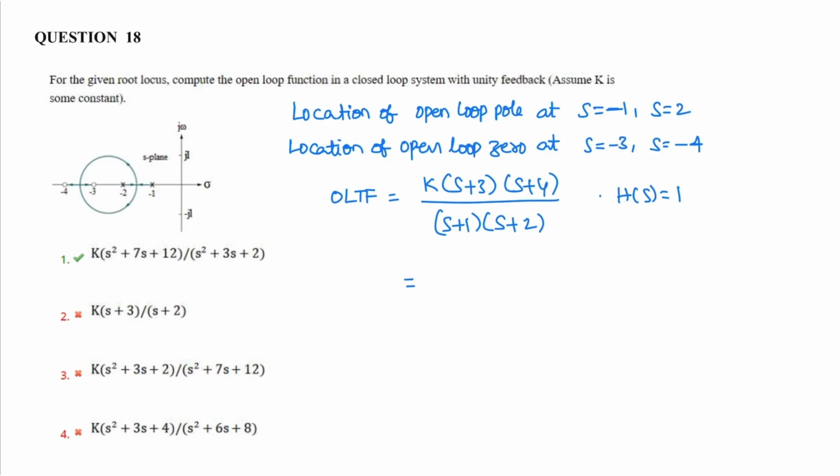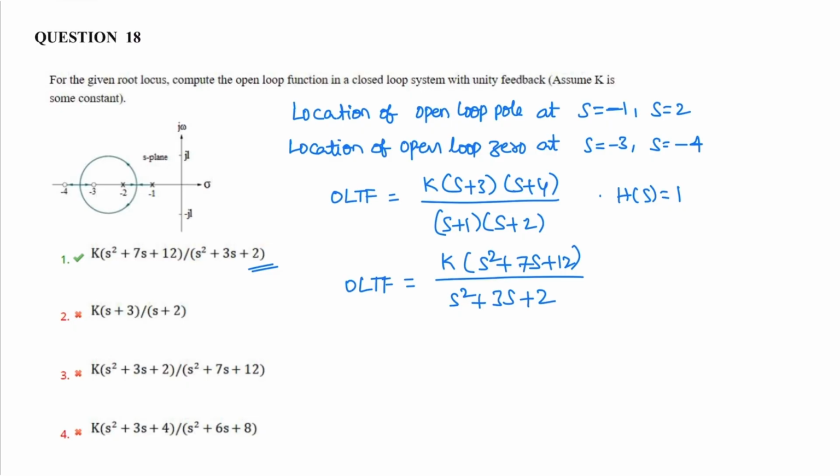Now the open loop transfer function is K into (s square plus 7s plus 12) by (s square plus 3s plus 2). So the open loop transfer function is option 1, and the value of K for marginal stability is obtained by applying the RH criterion to the characteristic equation.